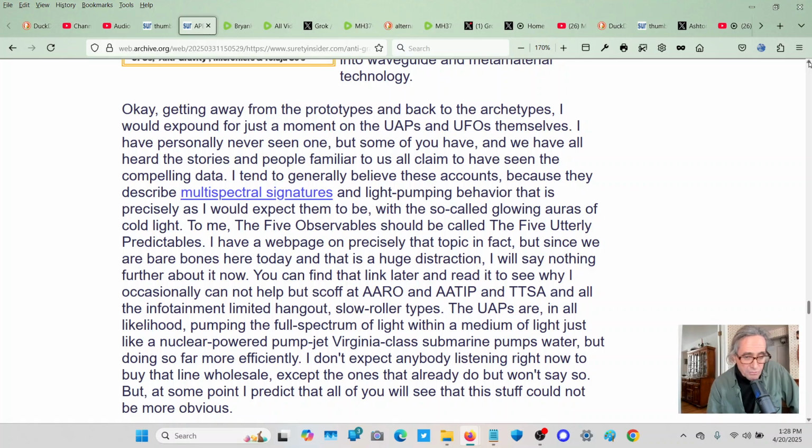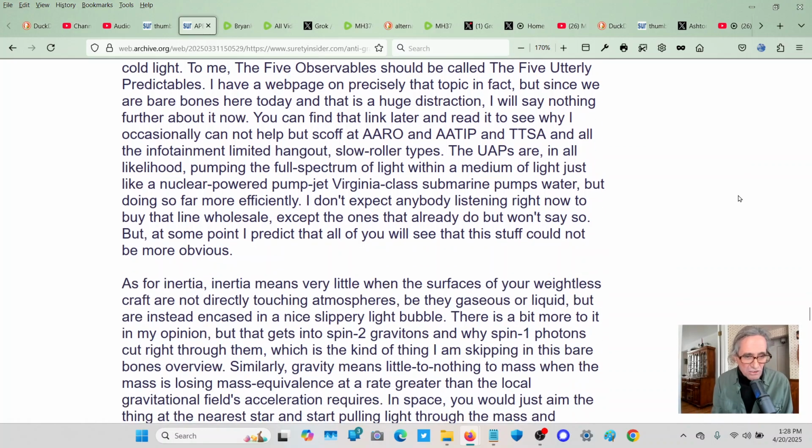To me, the 5 observables should be called the 5 utterly predictables. I have a webpage on precisely that topic, in fact, but since we are bare bones here today, and that is a huge distraction, I will say nothing further about it now. You can find that link later and read it to see why I occasionally cannot help but scoff at AARO and ATIP and TTSA and all the infotainment, limited hangouts, slow roller types. Scoff.